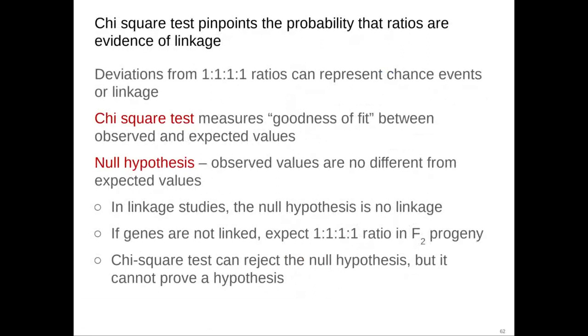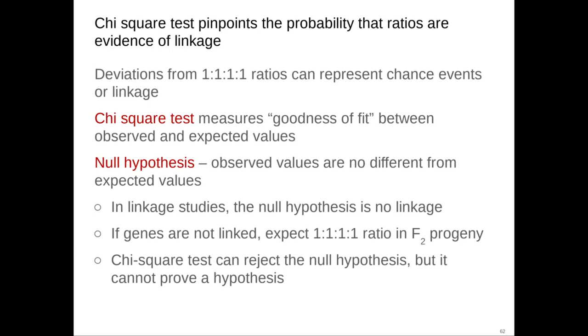So now this brings us to an important mathematical concept, which I think is probably the most complex mathematical concept we'll get into for this course, which is what we call a chi-square test. It's a relatively important mathematical test for genetics, and as a general rule. Now, what we can do is define an expected ratio, and in our case, the expected ratio, typically speaking, is 1 to 1 to 1 to 1.